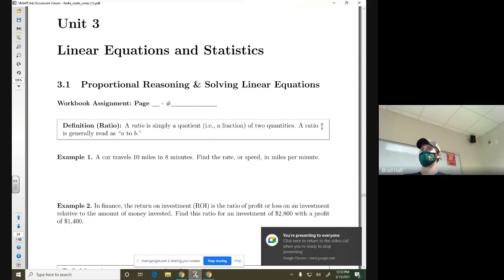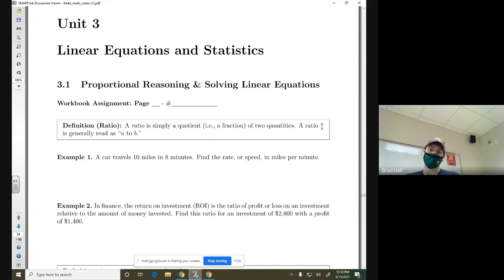This new unit can be best summed up as linear equations and statistics. The first section will be linear equations. The remaining 3 sections will be all on statistics. I'll start off by writing out the workbook assignment for this section.